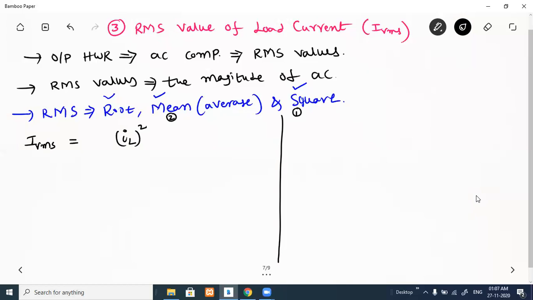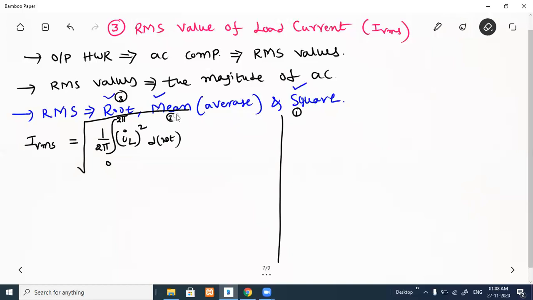So integrate over one complete cycle, that is integral 0 to 2 pi d omega t, and total it is divided by the base, that is 2 pi. Then apply square root, which gives the RMS value of the load current.